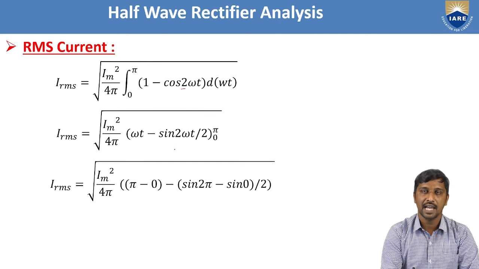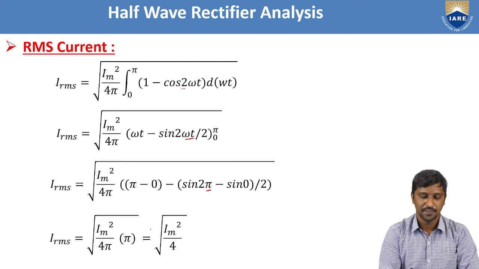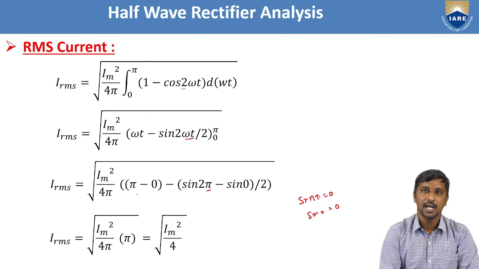Similarly for sin 2 omega t, in place of omega t you substitute the limits pi and 0. So pi minus 0 means pi. Sin 2 pi is 0, and sin 0 is also 0. We know that sin n pi is 0, and sin 0 degrees is also 0. So 0 minus 0 is 0, and 0 by something is 0. And here pi minus 0 is pi.